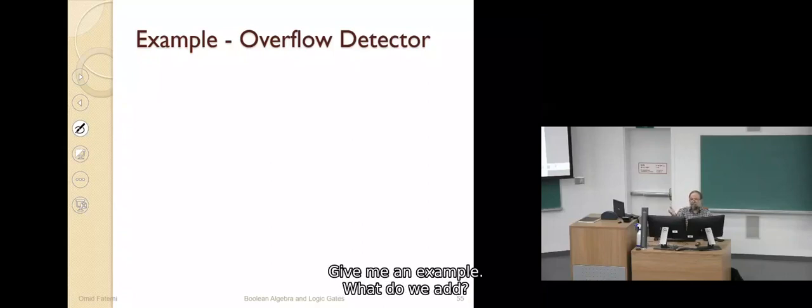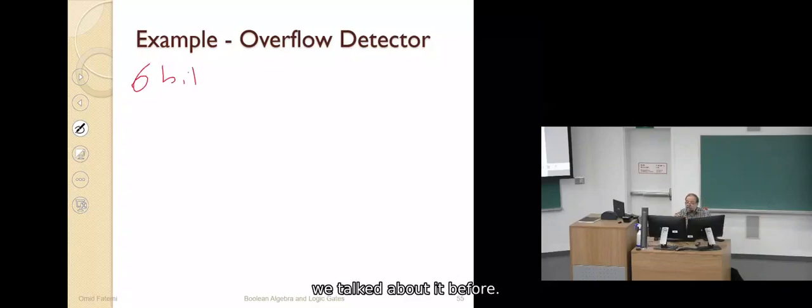Give me an example. What do we add so we don't get overflow? When we have 6 bits, we talked about it before. What would be the maximum positive number? 2 to the... how much? 127 is for 8 bits.